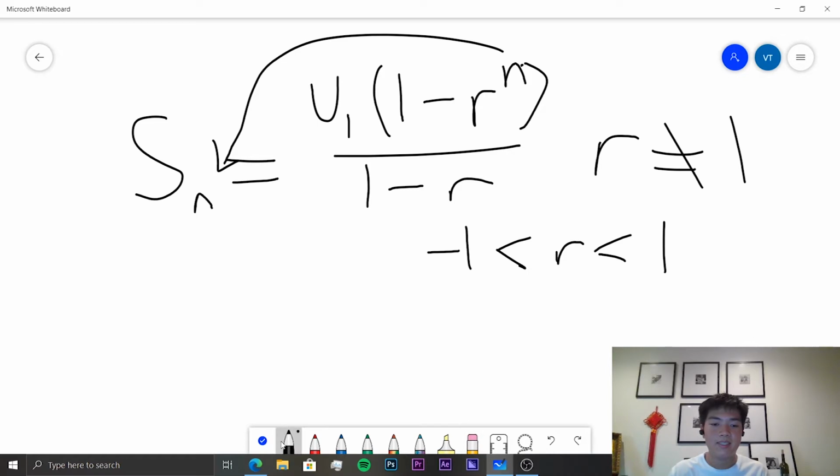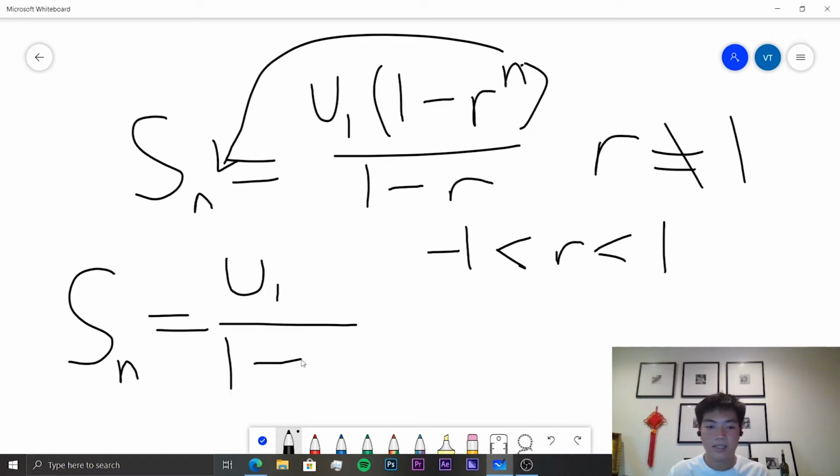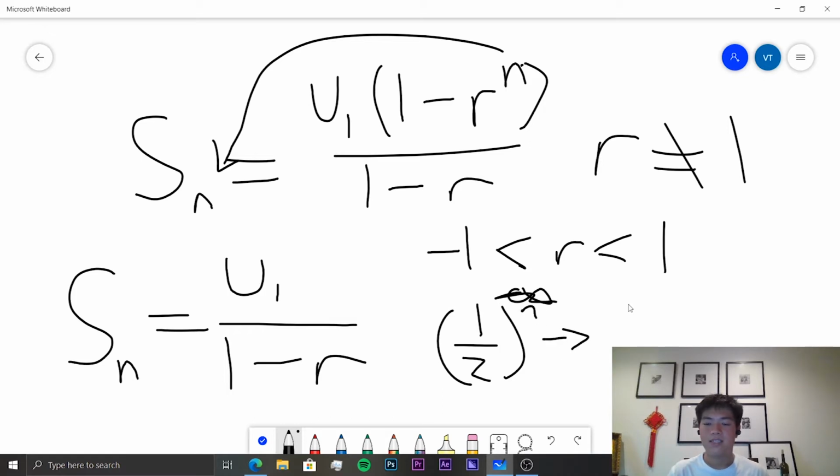And that method is, instead of using this formula above, we can use this new formula, u1 divided by 1 minus r. The reasoning behind this is that when the common ratio is between negative 1 and 1, as n gets very large, r to the power of n tends to 0. Like if r is 1/2, 1/2 to the power of infinity, or n, will tend to 0.